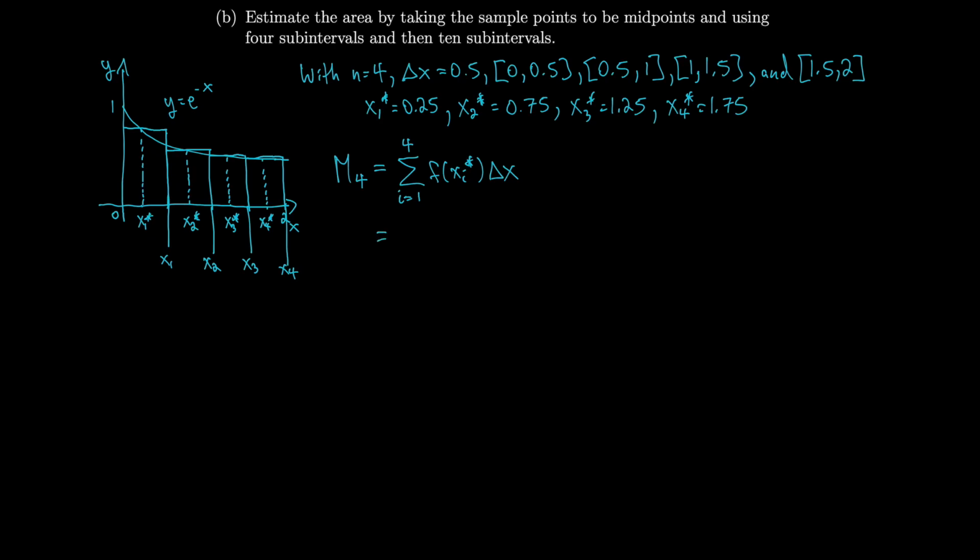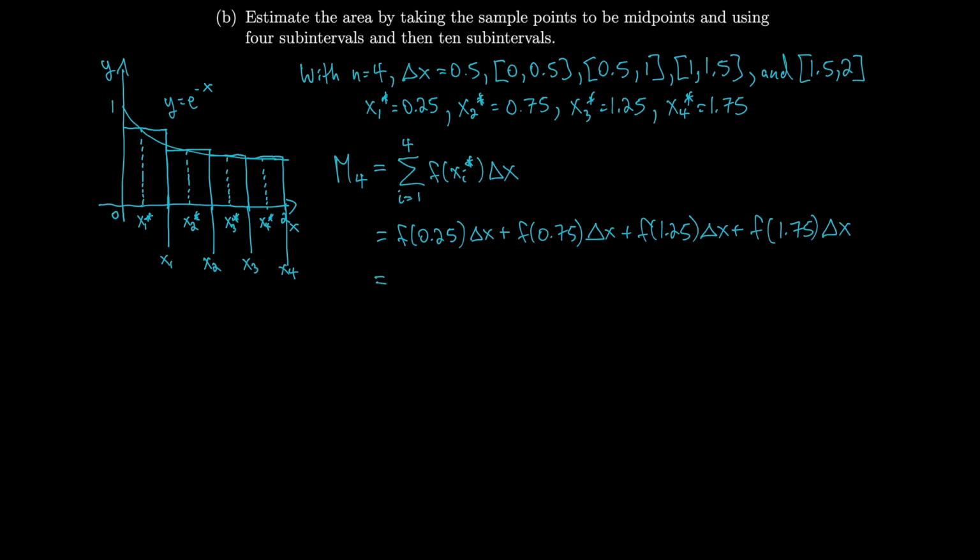So our first xi star is 0.25, so that's f of 0.25 times delta x plus f of 0.75 times delta x plus f of 1.25 times delta x plus f of 1.75 times delta x.